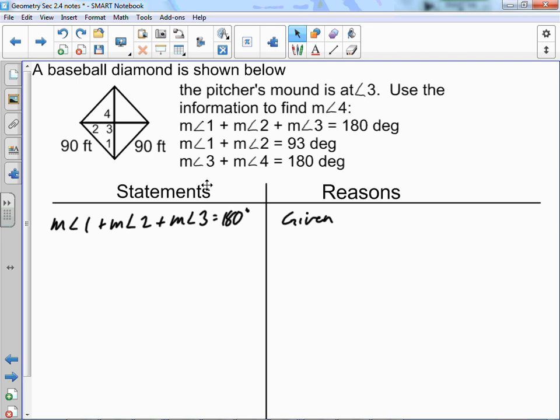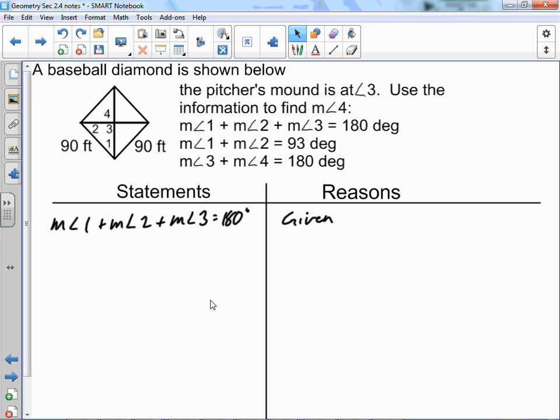So we know 3 plus 4 is equal to 180, and 1 plus 2 is 93. So if I take this 1 plus 2 being 93 and I insert it into this equation here, I can replace 93 degrees instead of angle 1 plus measure of angle 2.